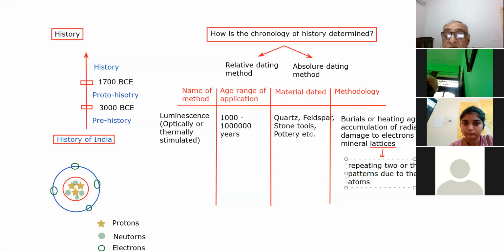Atoms की arrangement की वजह से वो जो पैटर्न बनते हैं उसको हम लेटाइसेस कहते हैं. So उन पैटर्न्स को देखते हैं, राइट? क्योंकि वो एटम्स है, एटम्स की अरेंजमेंट है, एटम्स के अंदर इलेक्ट्रॉन्स थे. सो इलेक्ट्रॉन्स का रेडिएशन की वजह से कितना डैमेज हुआ है हम उसको मेजर करते हैं, और उसकी मदद से हम इसकी जो एज डिटरमाइन करते हैं.